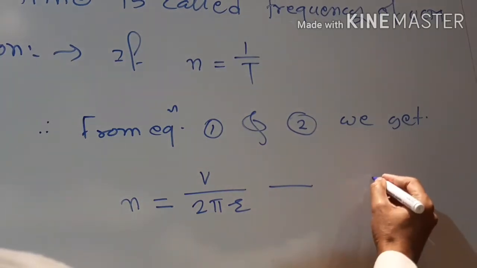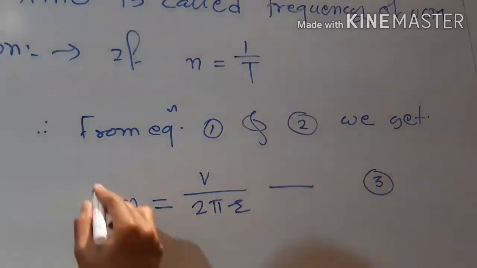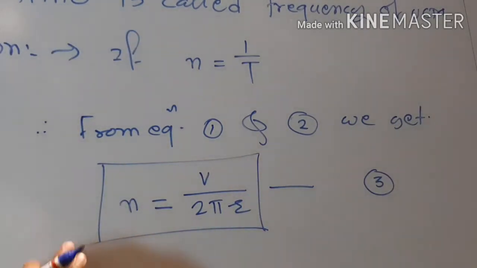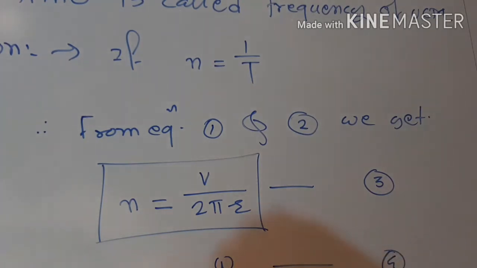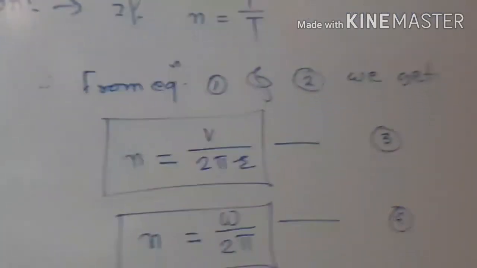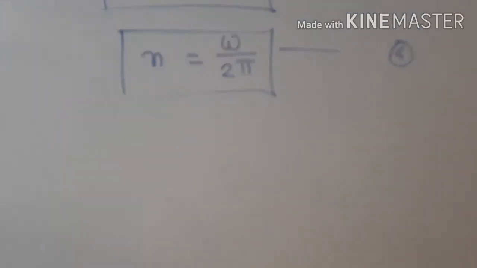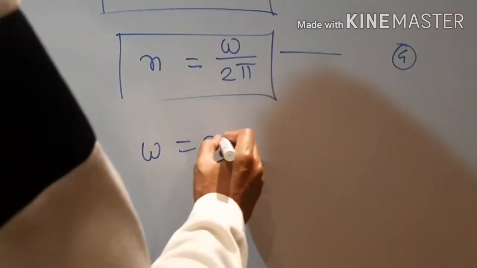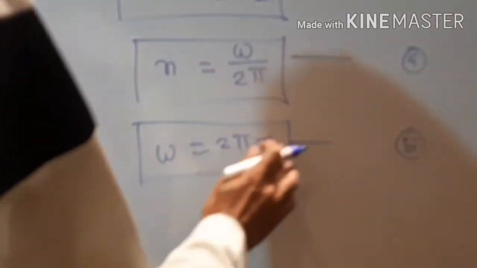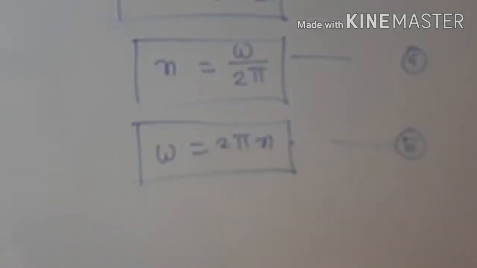This is our third equation and it is for the frequency. Next is omega upon 2 pi. This is our fourth, and from equation number 4, the very important equation becomes omega is equal to 2 pi n. This is the fifth point and it is also an important equation.